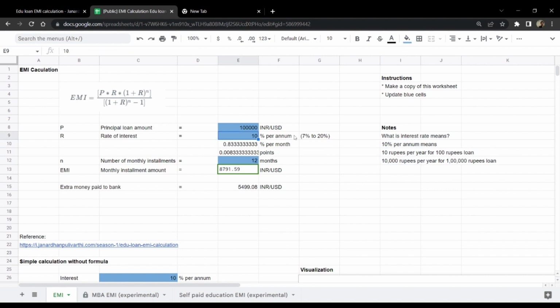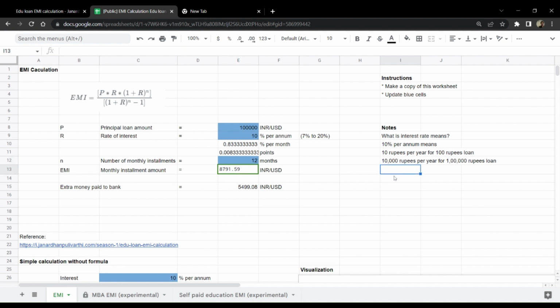Here, 10% per annum generally means 10 rupees per year for a 100 rupees loan. The same goes for a 1 lakh rupees loan: per year, we get 10,000 rupees as interest.